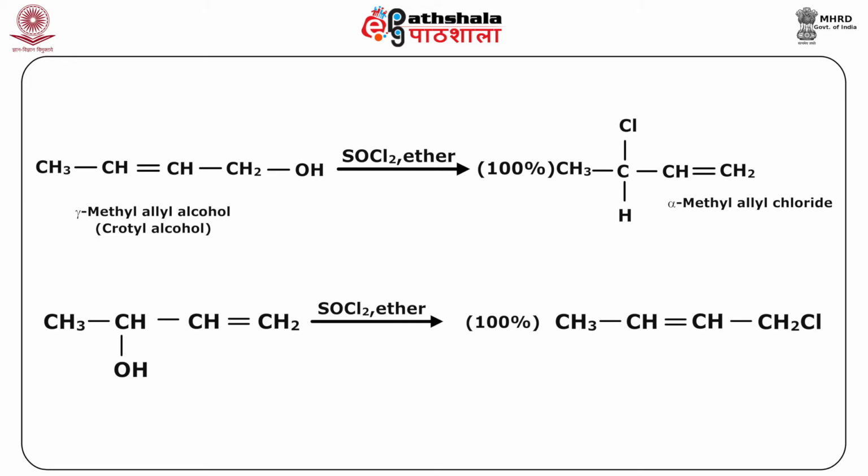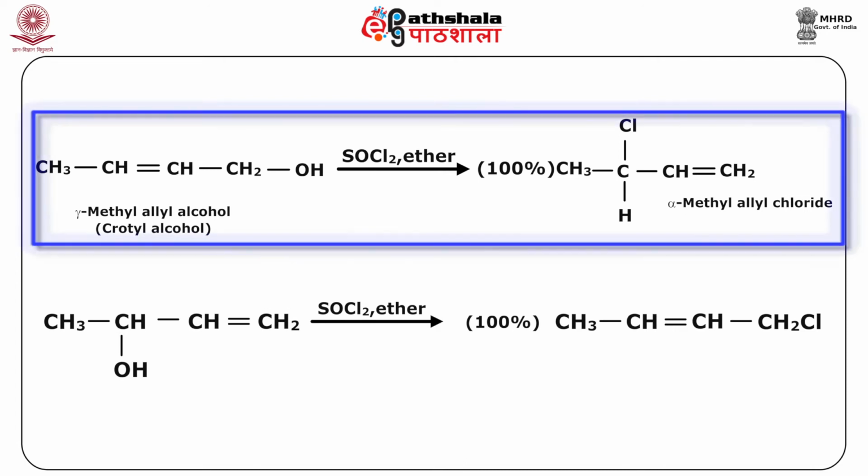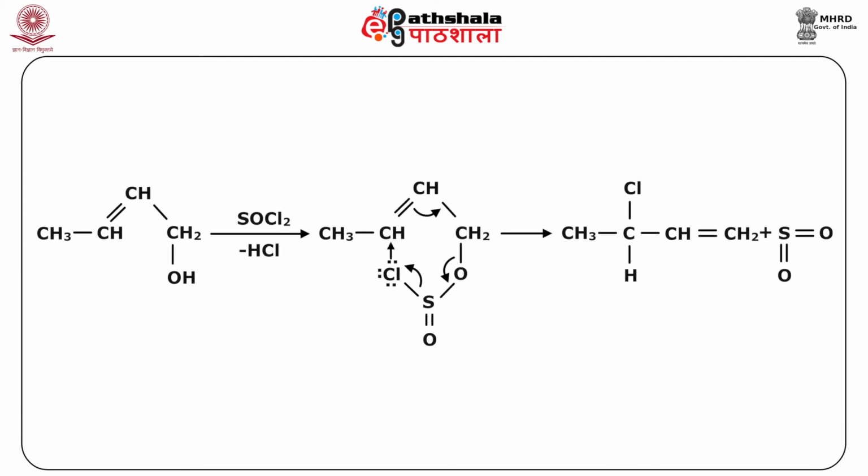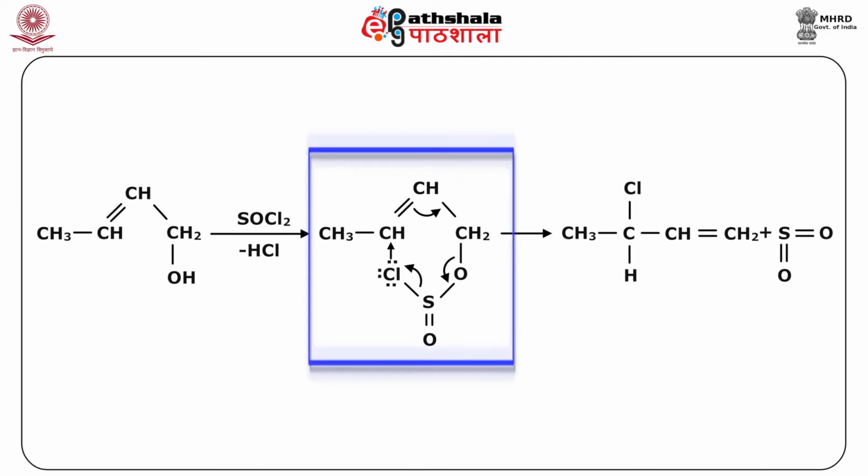It is interesting to note here that the primary isomer principally gives the secondary chloride, while the secondary isomer principally gives the primary chloride. Ordinary allylic rearrangements in SN1 or SN2 could not be expected to give a 100% yield of isomer in both the cases, and the mechanism may be explained by the SNi' type of reaction in which a 6-membered chlorosulfinic ester is supposed to be formed as an intermediate.